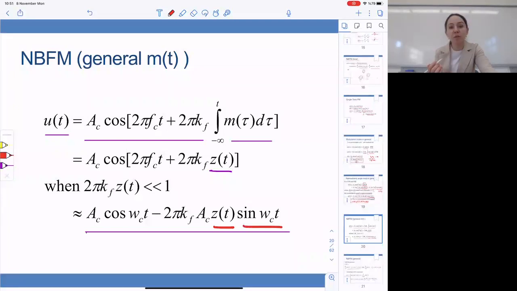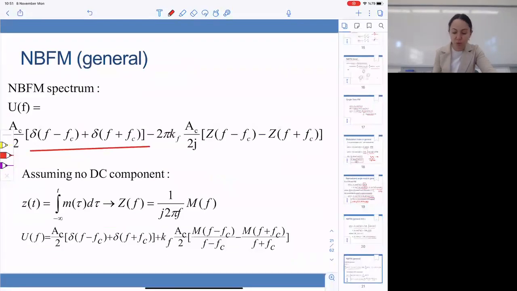Sine in the spectral domain gives us 2 impulses, and multiplication with Z of t corresponds to convolution with those. So as a result, we have Z(f - fc) minus Z(f + fc). The minus is coming from the fact that it's a sine, not a cosine, remember?